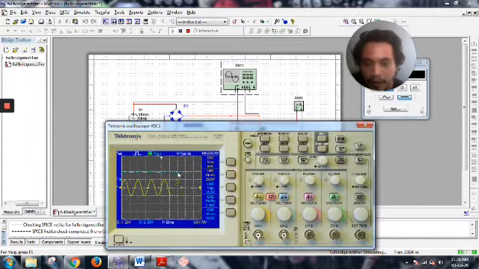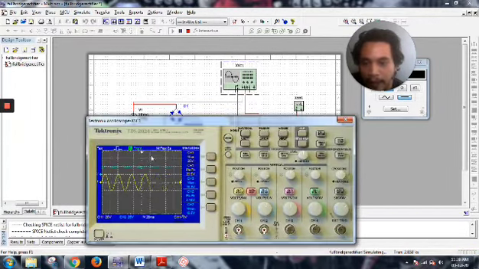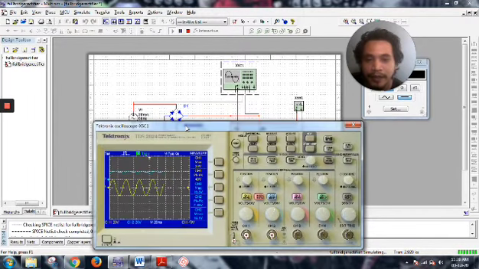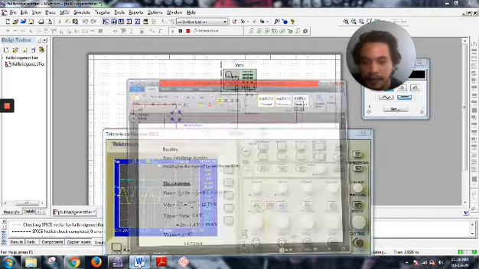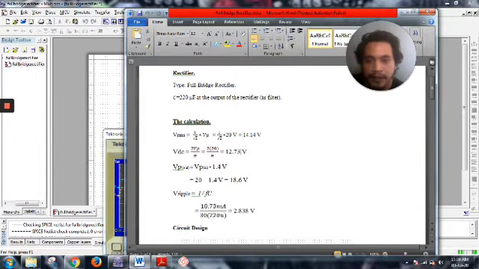By the way, we're using the capacitor to filter and make the signal more smooth. So this is the calculation.